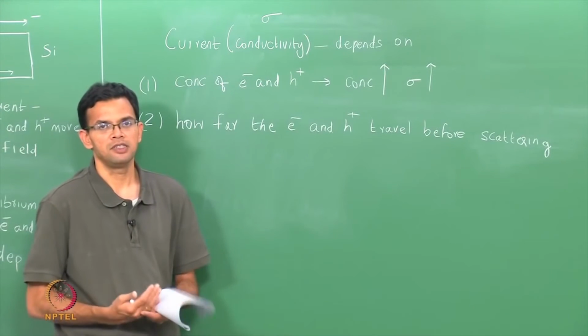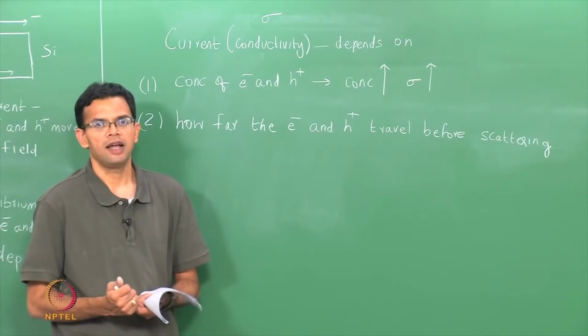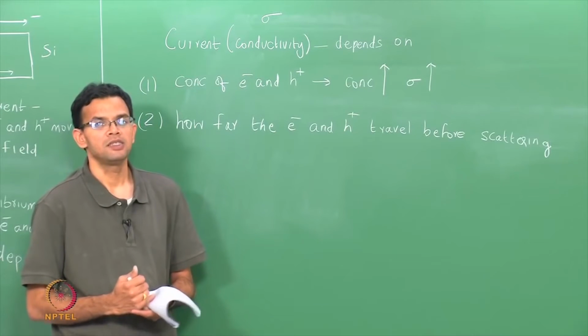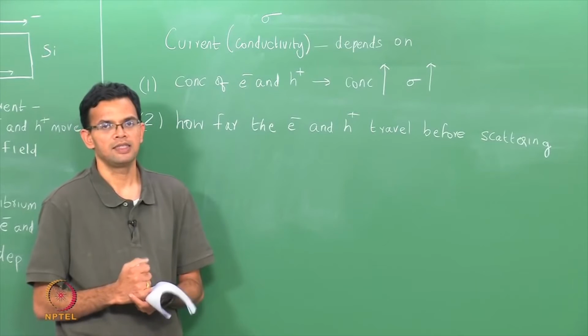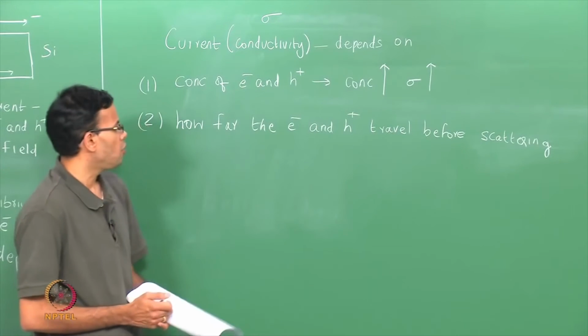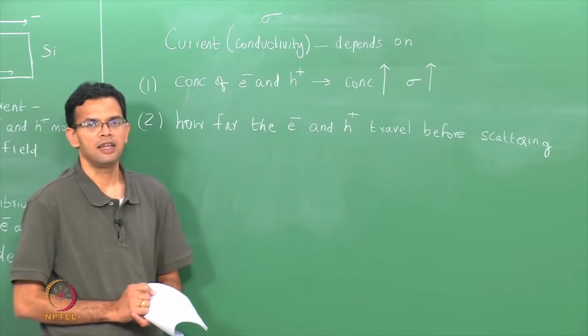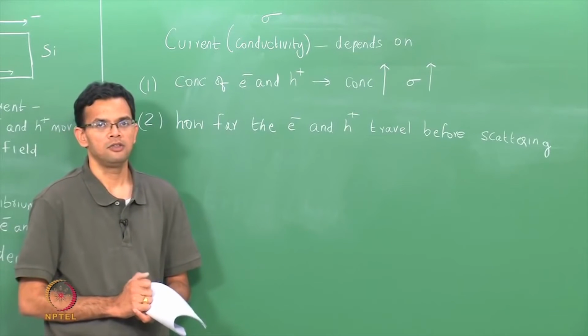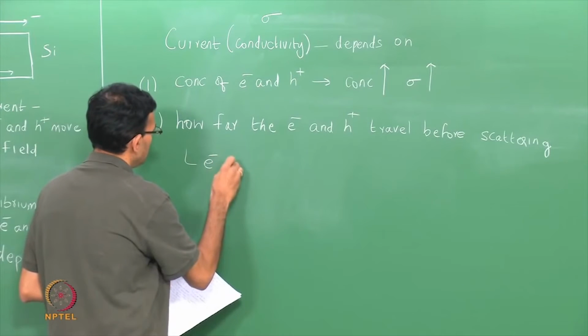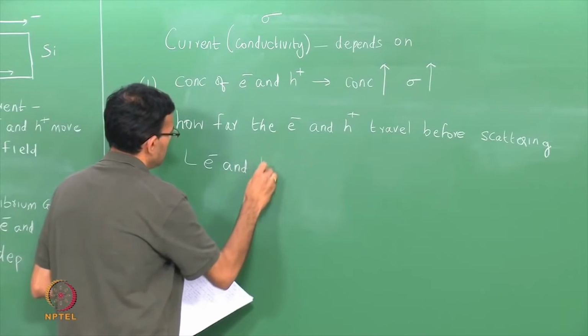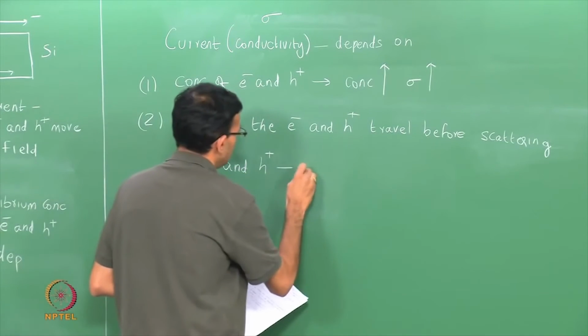If you are looking at intrinsic silicon, all these atoms are vibrating, which means these electrons and holes can interact with these atoms and get scattered. In the case of a semiconductor, these electrons and holes are said to drift through the material.